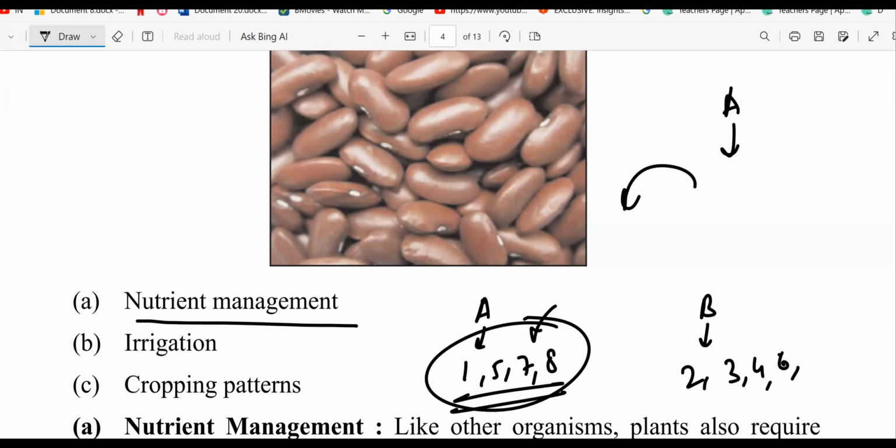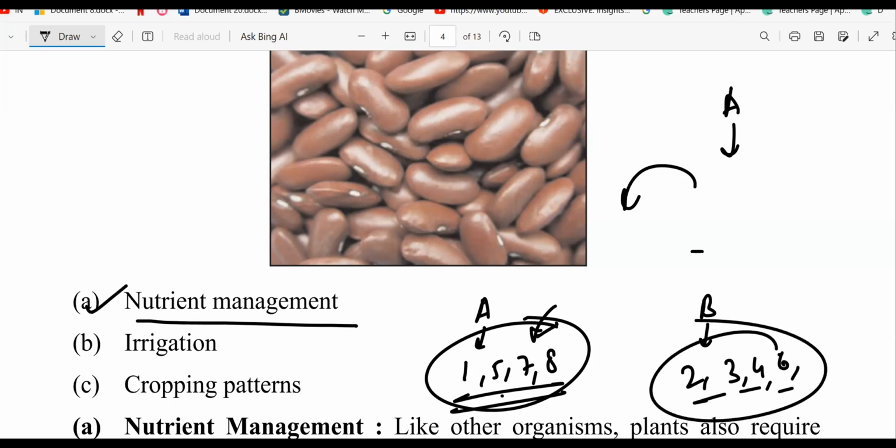So we should use another crop that is not going to consume the same essential nutrients, because the soil is now deficient in them. It should use some other. So this is nutrient management.